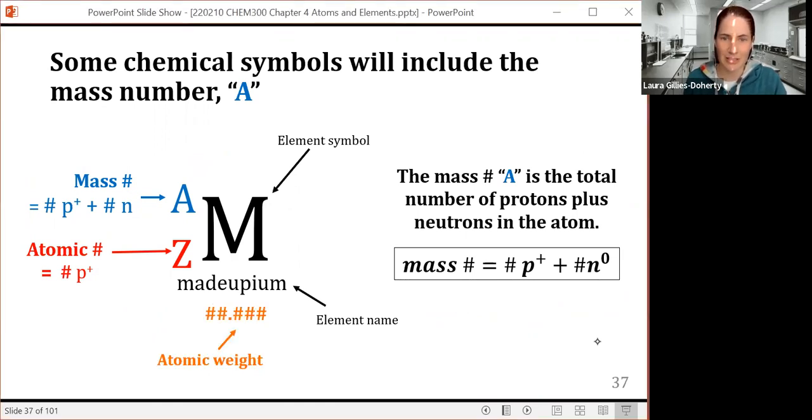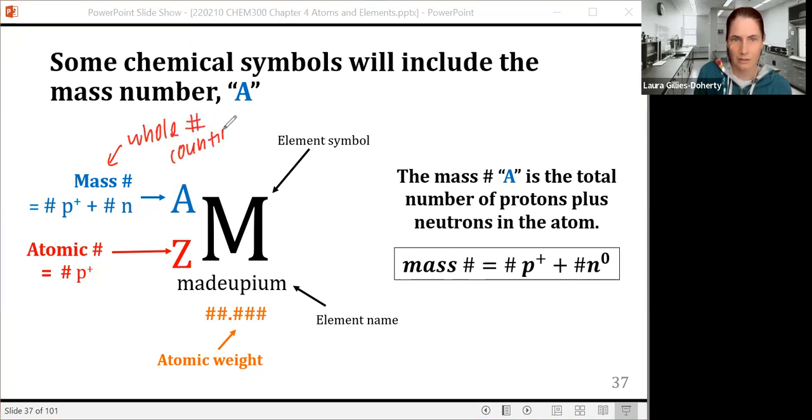And then down below comes the atomic weight. Notice that a mass number and atomic weights are different. I know when I was learning chemistry, I used to get these confused all the time because they both sounded like they had to do with weight and mass. Mass number is always going to be a whole number because you're counting the number of protons plus the number of neutrons. So how I remembered was that the mass number is always going to be a whole number because you're just counting all the protons plus all the neutrons.